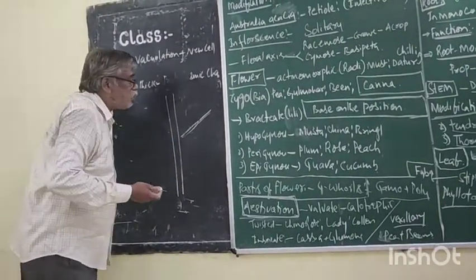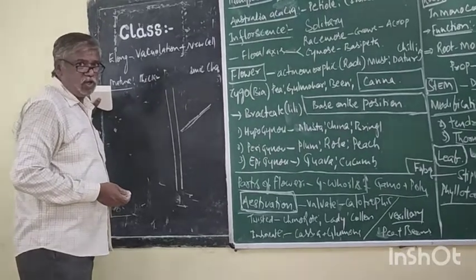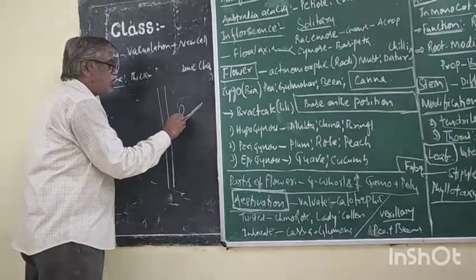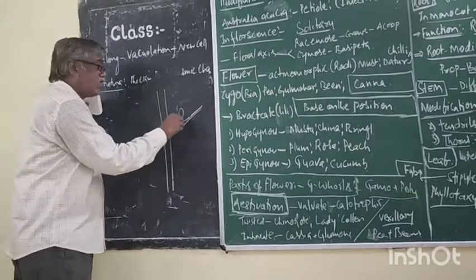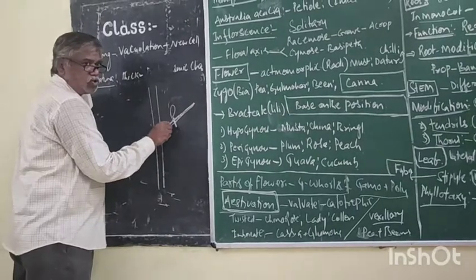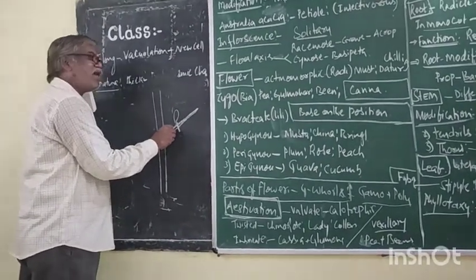The node cannot appear visibly, but it is the place where the leaf originates. Okay. Now it is the stem or branch of stem.